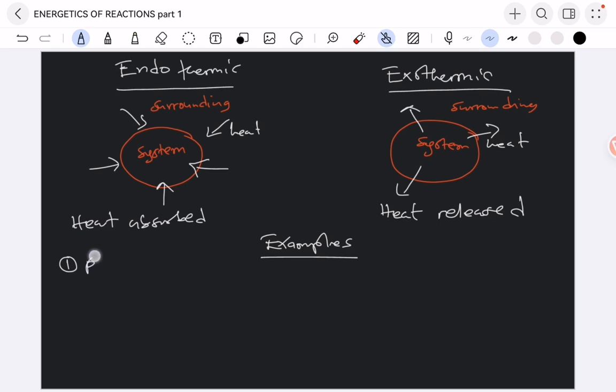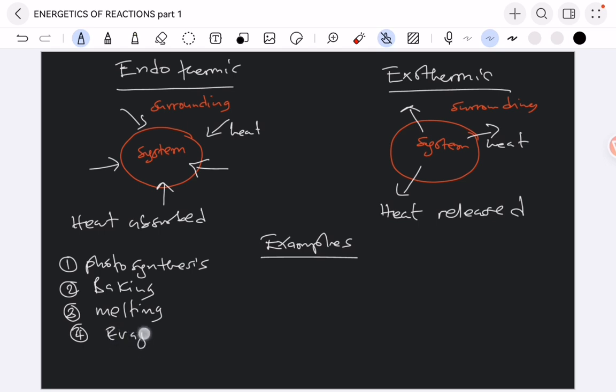So for endothermic, we are looking at natural processes such as photosynthesis, baking. Then in terms of physical processes, we are looking at melting, evaporation, and sublimation.